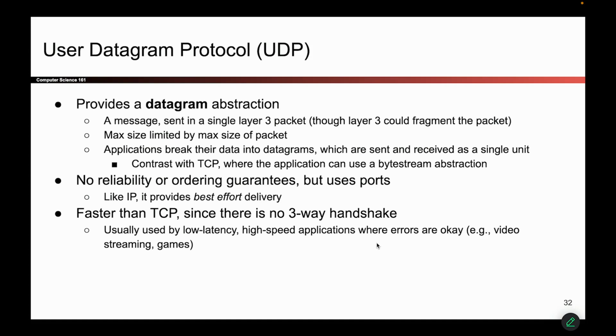So the most common example I can think of are live streaming applications where you're streaming a video that's live, or you're streaming a game that's live. Well, in those cases, we don't really care about every single byte arriving. It's not that I care about every single frame of the live stream arriving at my computer. I just want to watch the thing live.